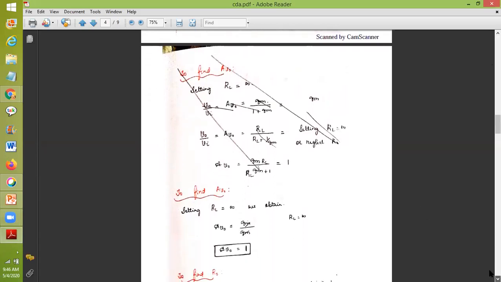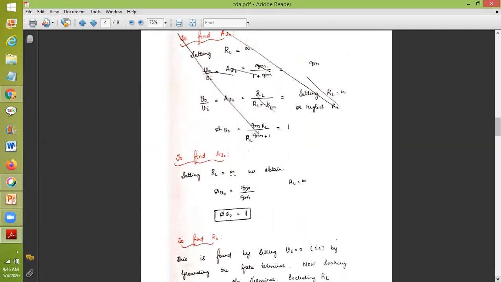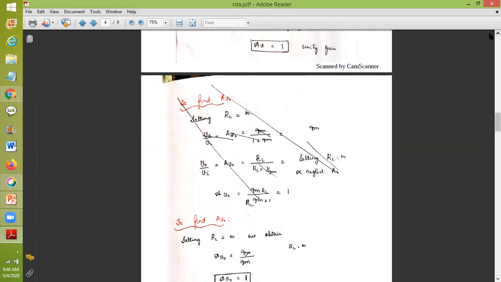So to find the open circuit voltage gain, set RL equal to infinity. If we set RL equal to infinity, it means we are removing this RL term. Then we have gm divided by 1 plus gm into RL. Gm into RL is very much greater than 1, so I will take gm into RL divided by gm into RL.